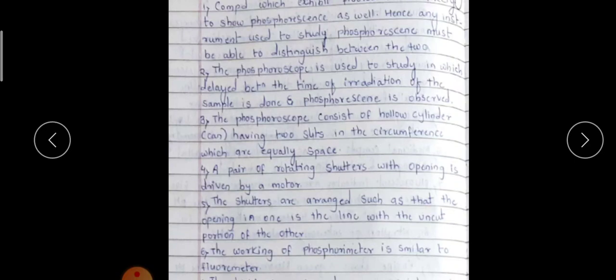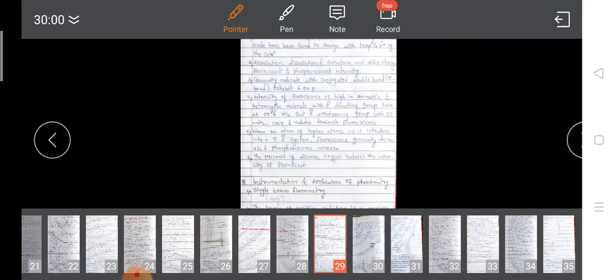The phosphoroscope consists of a hollow cylinder having two slits in the circumference which are equally spaced. Here you can see the two slits.